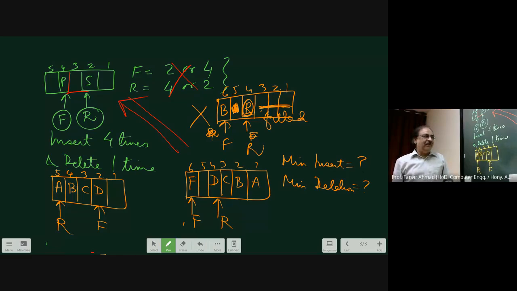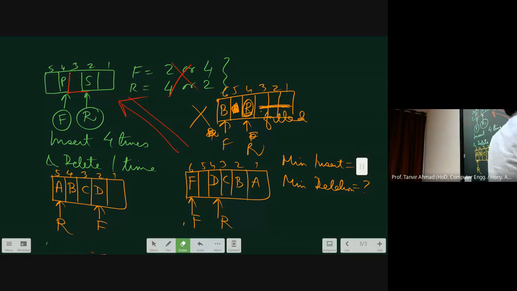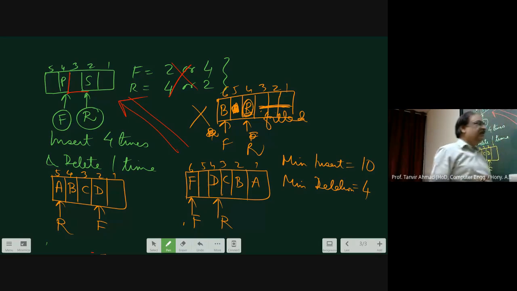Why do I say minimum? Perfectly, what you said is okay. That means it has to be 10 and it has to be 4. Because first it might have moved 6 times and inserted 6 times. Then there could be, say, 2, 3 deletions, and then some more insertions, rotated and kept on inserting.